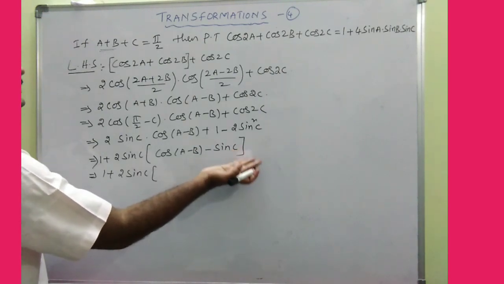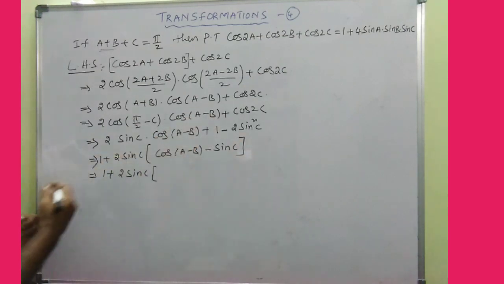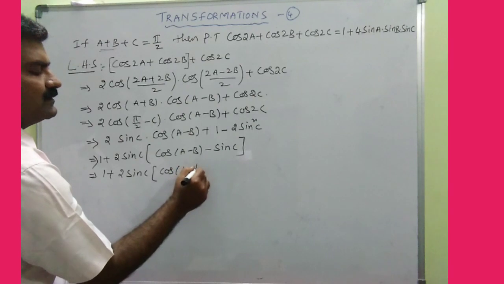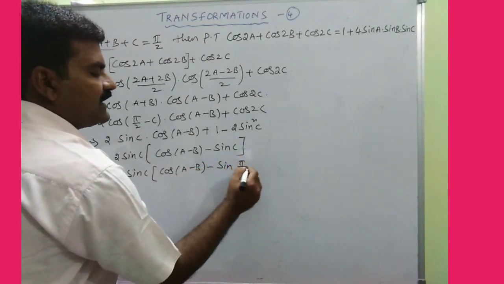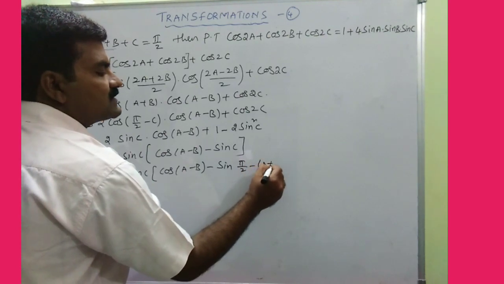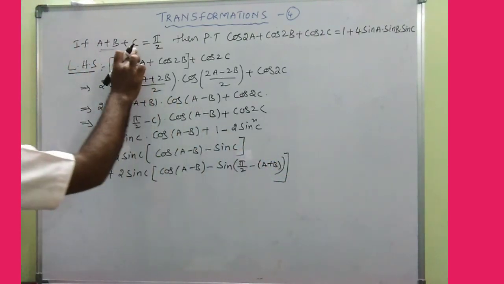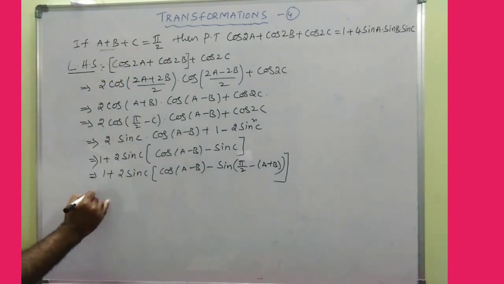So either c you convert into ab, or this ab you convert in terms of c. Anyhow, first one is not possible. So do one thing, minus c means I can write it as 90 minus of a plus b, isn't it? From this, c is equals to 90 minus of a plus b.